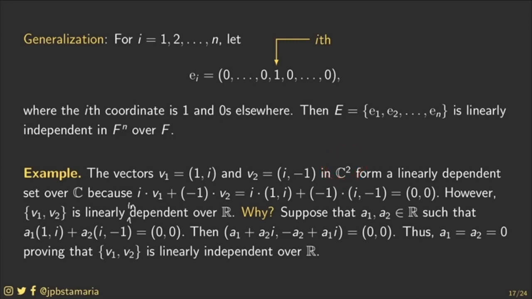It also depends on the field of scalars. You understand me? Hope that is clear. Sometimes when you change the set of scalars, the dependence is gone. Okay? That's the idea.